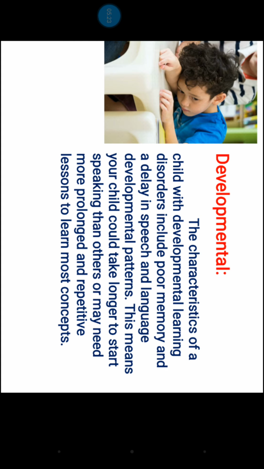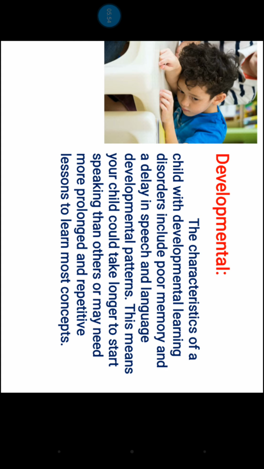These are the main characteristics related to the development of a child. Here, the children have learning disorders. Their learning has not been developed fully. Such children may have poor memory and delay in speech and language development.